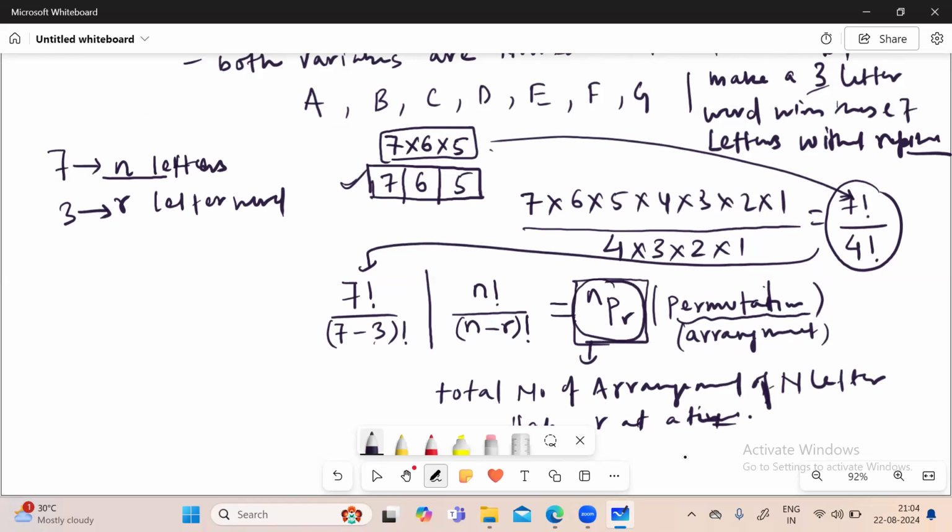क्या सिंपल कैलकुलेशन था? We were doing this, है ना. कभी हमें nPr की जरूरत नहीं पड़ी थी. इससे पहले भी we did the same example, बट उसको हमने nPr में नहीं बोला था. But now I have converted this into nPr. We have converted the simple 7 into 6 into 5 to 7 factorial by 4 factorial.